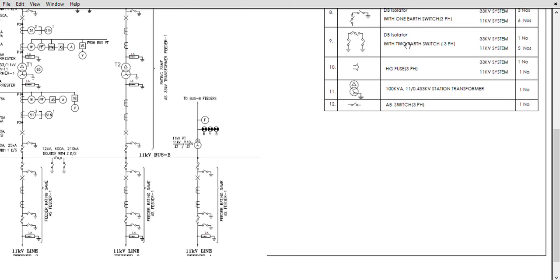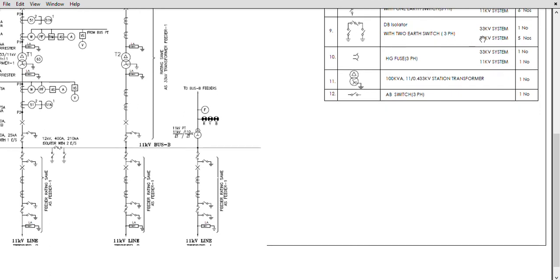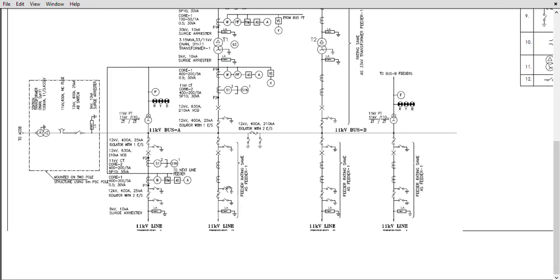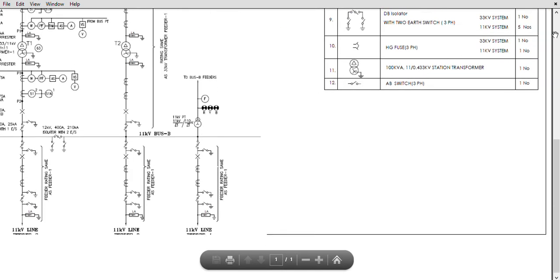Now coming to the 33 kV double earth switch, we already discussed. Similarly 11 kV double isolator with double earth switch. We have 5 numbers here, where for each feeder we have 1 number and for bus sectionalizer we have 1 number. Total we have 1, 2, 3, 4, 5. Yes, it is getting matched.